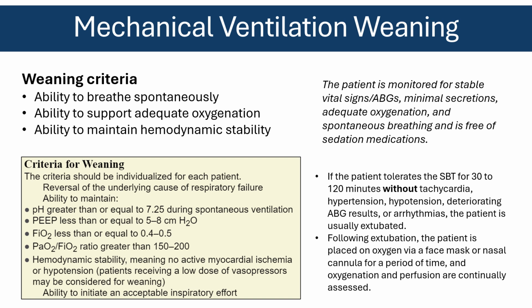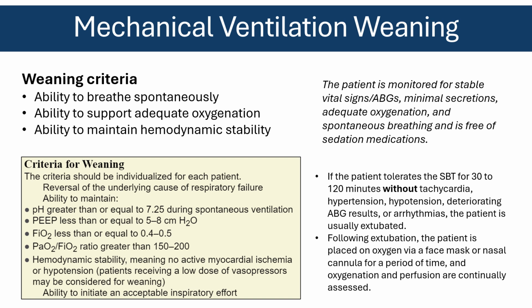So criteria for weaning. This is individualized for each patient because each condition has a different problem. We want to make sure that they are stable. That is the goal. So pH greater than 7.25. Wow, that's really low, right? They can still be in acidosis, but technically this is the criteria. So 7.25 or higher.